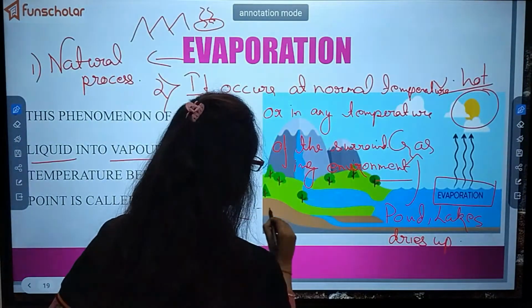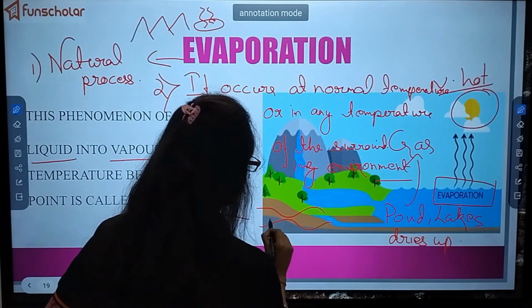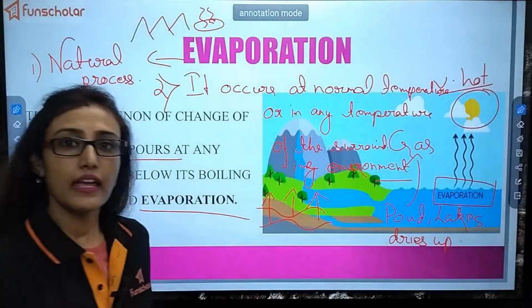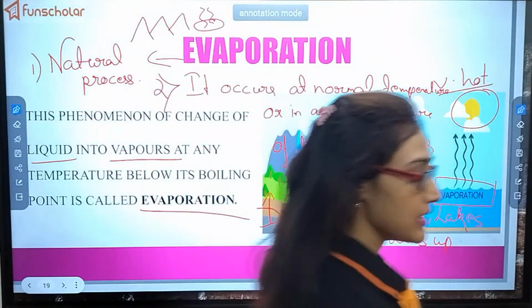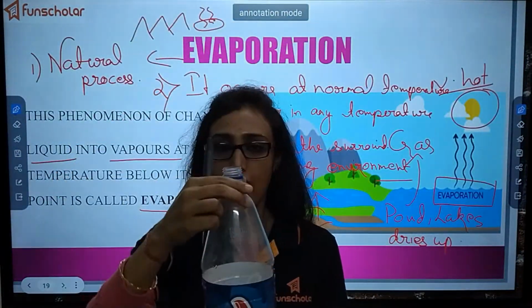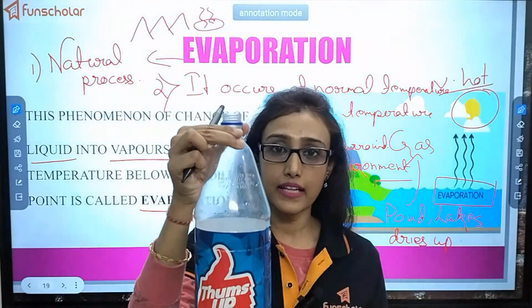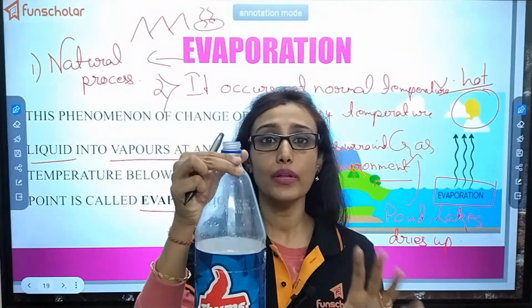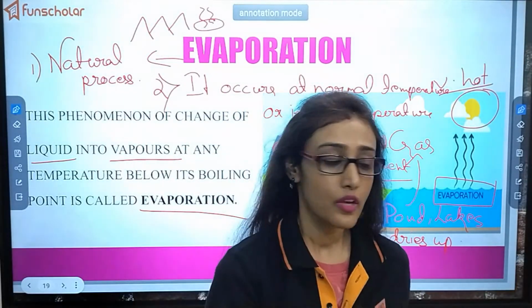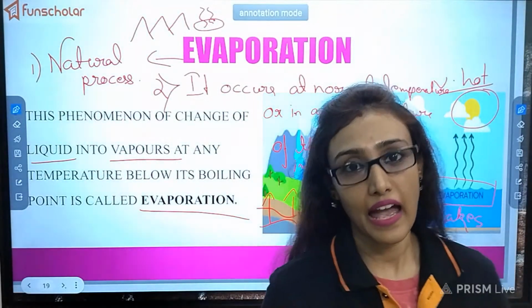If you go to the sea area, automatically evaporation will occur. Even in your house, if you keep this bottle open and leave it for 10 days or 7 days, you will come and see that the level of the water decreases gradually with time.